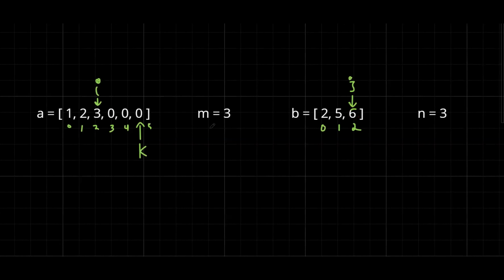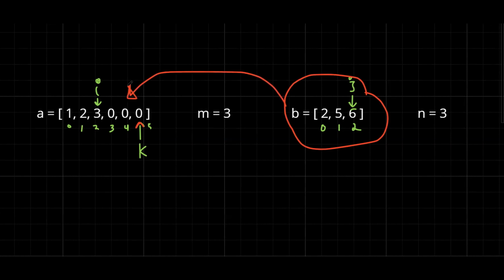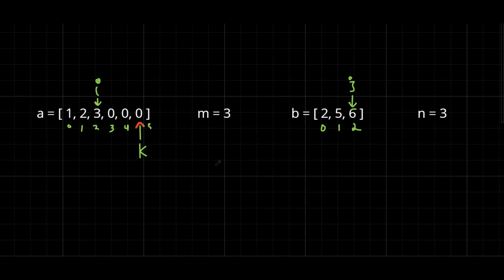And pointer k is pointing to the last element of the first array, and we will put the corresponding element at the kth index. Now, we have to insert the entire second array into the first array using the two pointers algorithm.